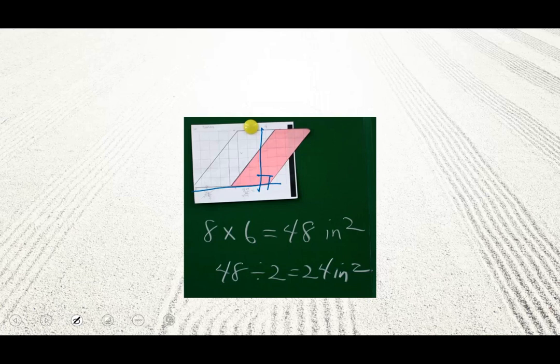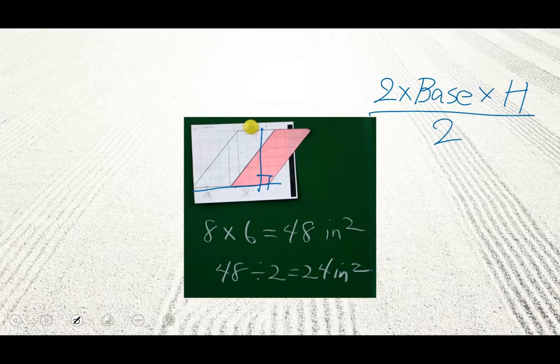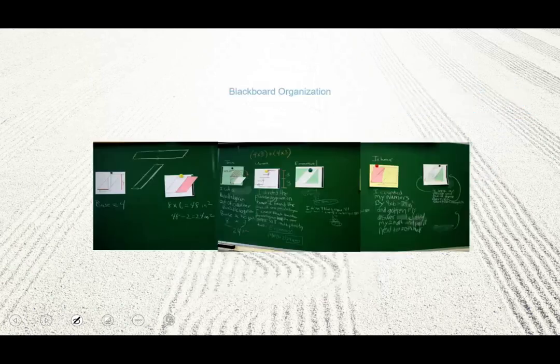So the base becomes double, base times height, divided by 2 because we multiplied. So now it becomes base times height, and the height is this height. Even though with this kind of shape you could use this as the base, in this case the height is outside of it.